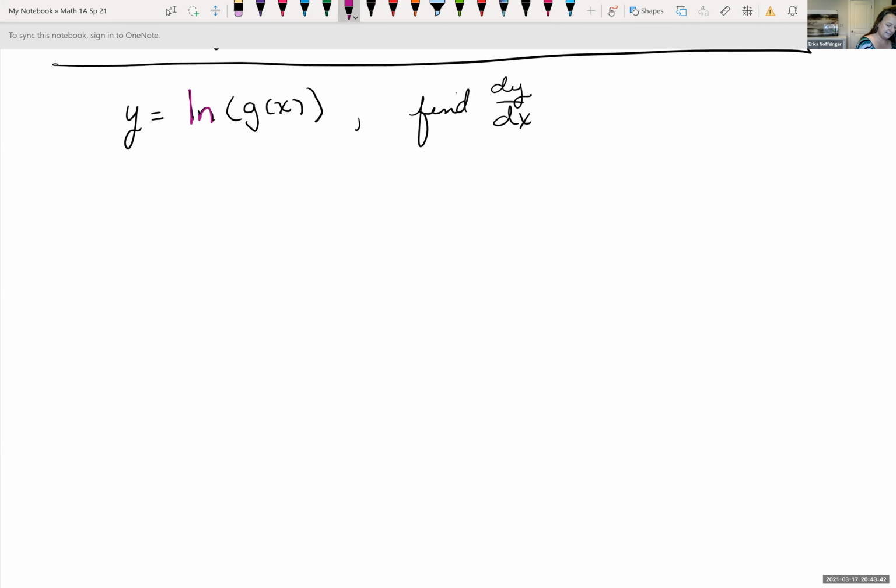So we could let y equal the natural log of u, and we can let u equal the inner function g of x. We know that the derivative of y with respect to x, dy dx, is equal to the derivative of y with respect to u times the derivative of u with respect to x.